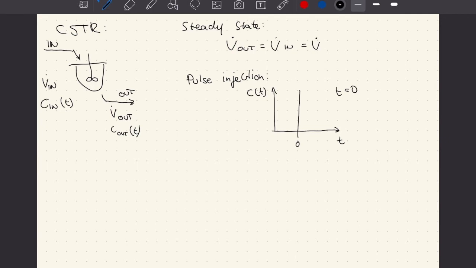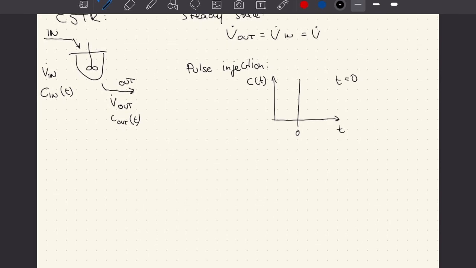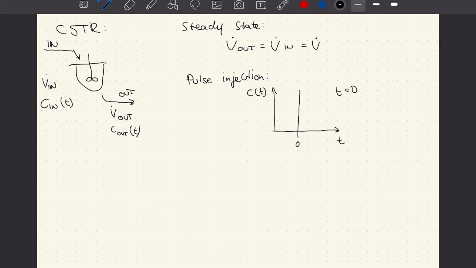So now if you want to describe the variables of the inlet and outlet streams, what we can say is actually the following. So first of all, before we start, the important thing is also to describe two new variables, which are the volume, which is the volume inside the CSTR, and also the concentration, which represents the concentration inside the CSTR.